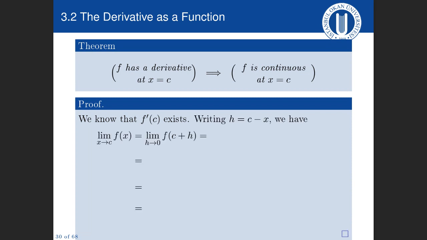Now, what we're going to do is write h equal to c minus x, and then I'm going to calculate the limit as x tends to c of f of x, or the limit as h tends to 0 of f of c plus h.